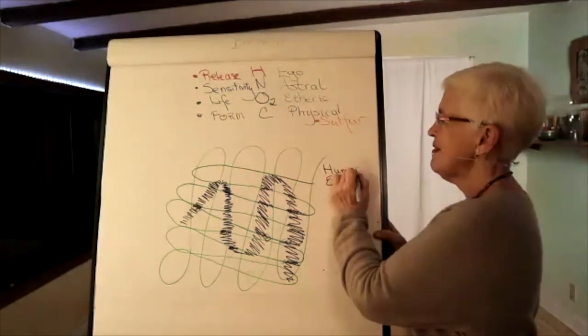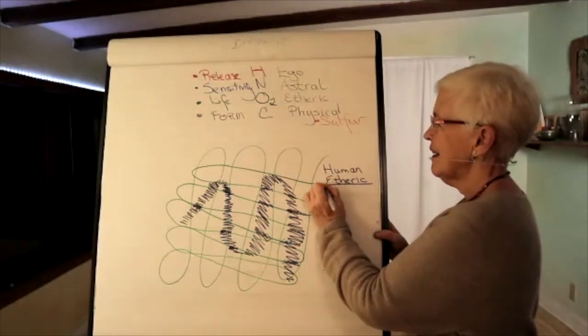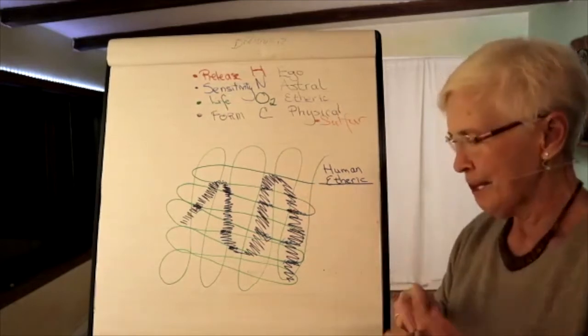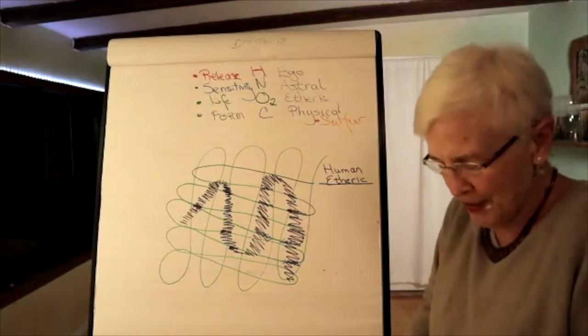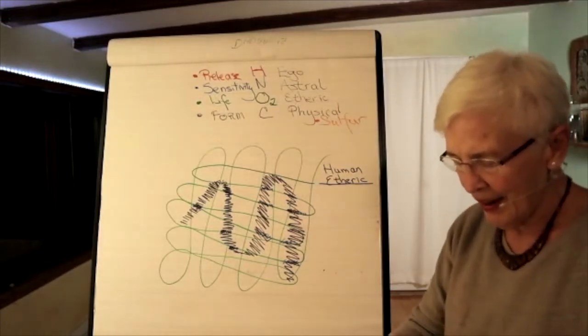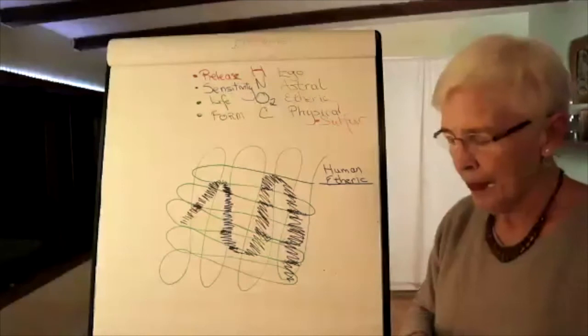We have an individualized etheric body. Back up a second. Each of us has our own physical body, etheric, astral, and ego.